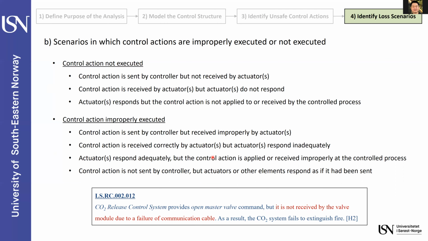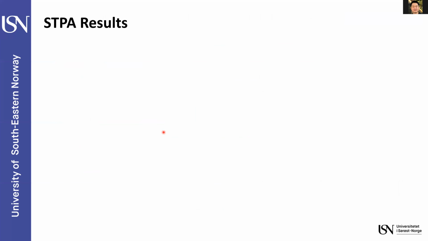So you can develop these kinds of scenarios using all the other cases. And again, you need to try to find additional scenarios because these are very generic and representative cases. So try to find as many loss scenarios as possible. That is the last step of STPA.